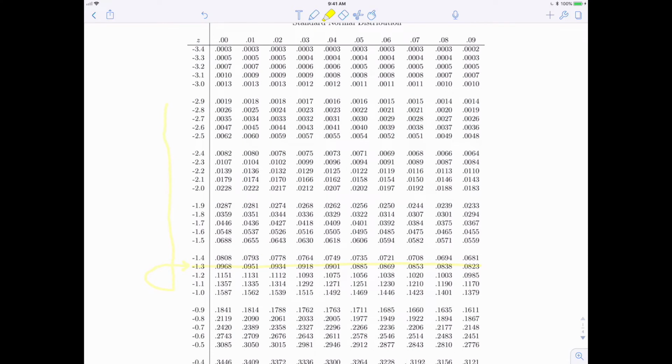So somewhere in here, I need to find the -1.37. So we come up to this top row, and right there is my 7. So 0.07, I come down this column. And where these two meet, right there at 0.0853, that's my answer.